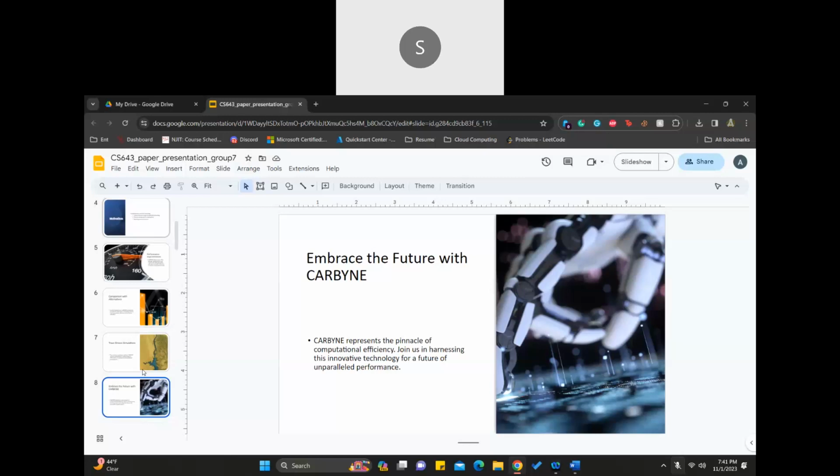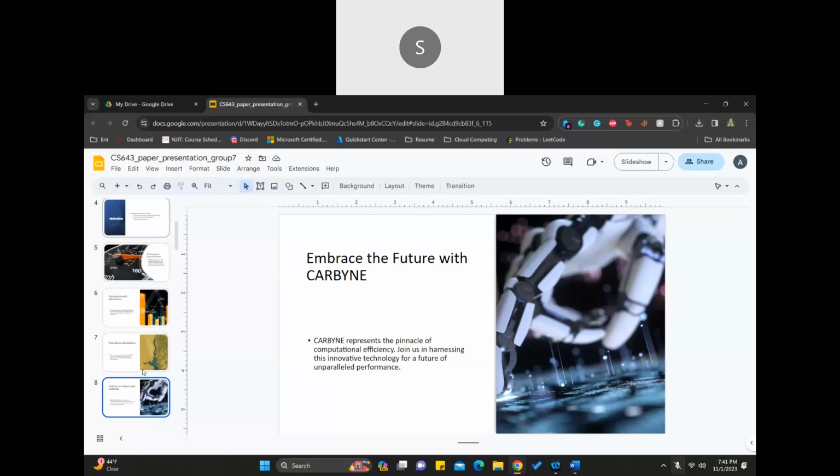By using this cutting-edge technology, we can ensure that our computing needs are met in the most effective way possible. So we encourage everyone to embrace Carbon's capabilities so together we can step into a future where our computer operations are faster and more reliable than ever before.